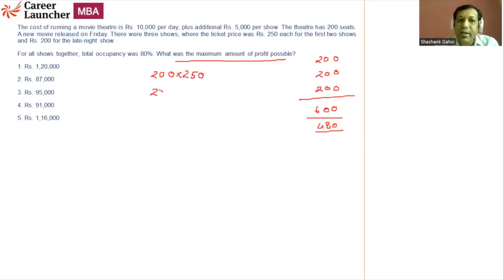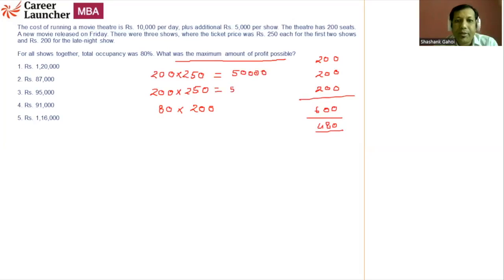Then the next 200, I'm going to sell for the afternoon slot, because again the price is 250, and the remaining 80 tickets I'm selling at a price of 200 because I want to maximize my revenue. So this revenue comes out to be 50,000.